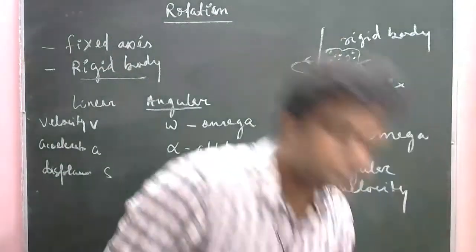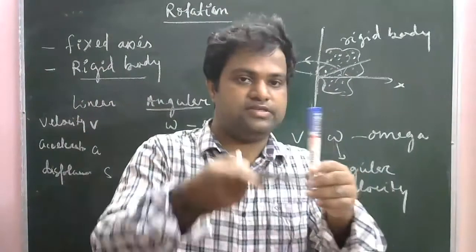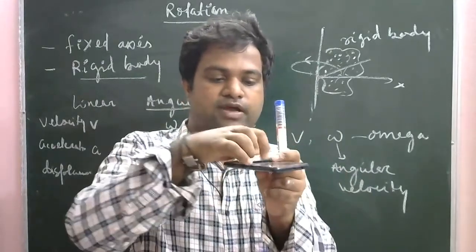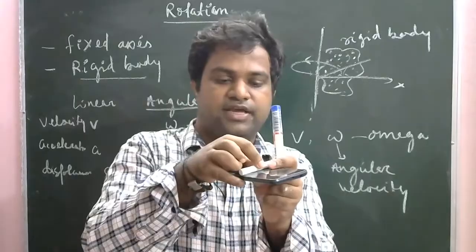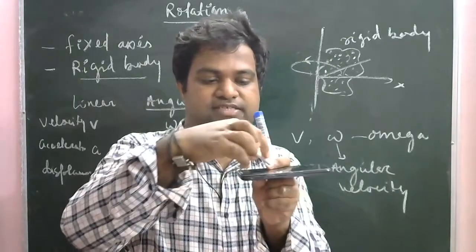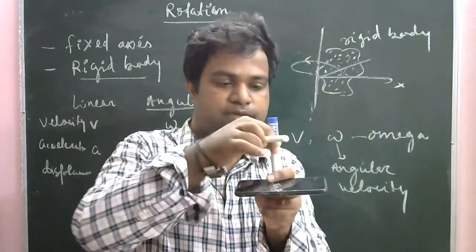For example, suppose this is the axis of rotation, and this mobile is rotating like this. If I consider this as the x-axis, then after some time the mobile is here, so the position is changing in the plane perpendicular to the axis.